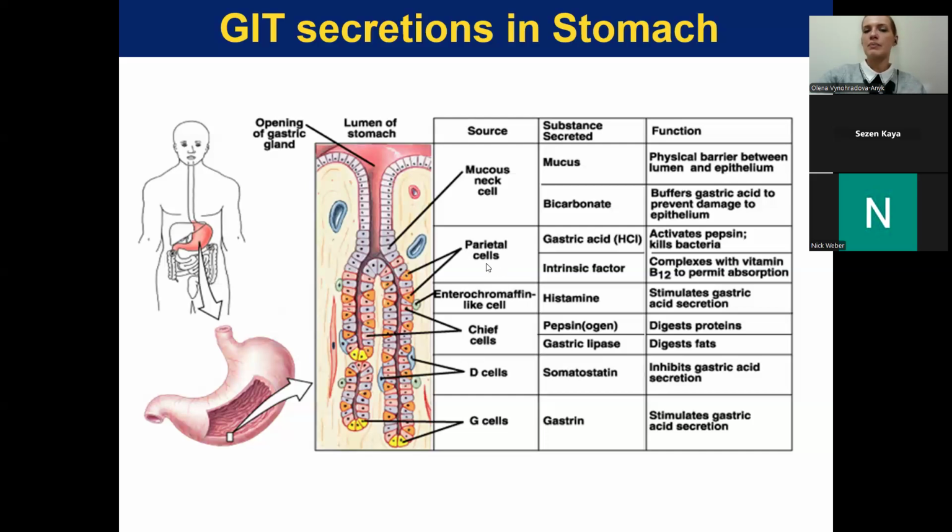Also, parietal cells release intrinsic factor. Intrinsic factor is an absolutely obligatory component for absorption of vitamin B12. And people who have low acidity, as usually it happens because of not enough stimulation of parietal cells, also have low intrinsic factor.